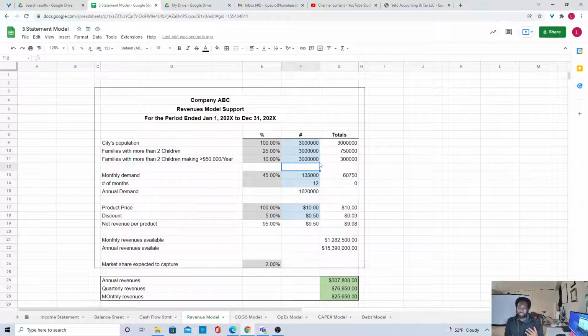And I'm expecting to have a monthly demand of 45%. Again, I've backed out from my total city population, and then I'm looking at the number of families who have more than two children, because the research that I did says families with more than two children making more than 50K a year are more likely to buy toys for their kids.